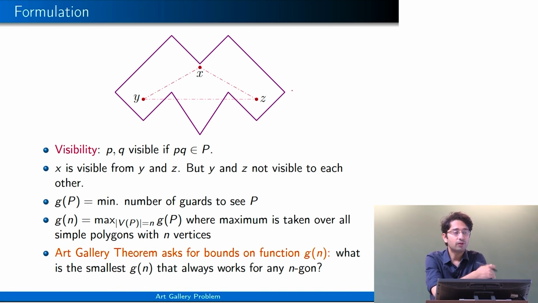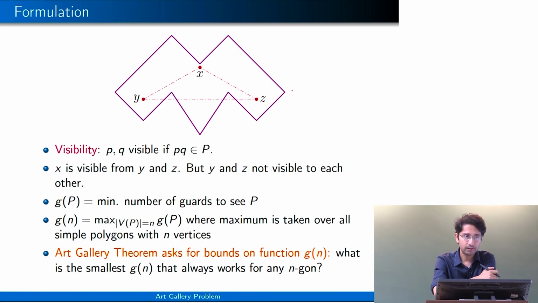Now, we would want to consider the following combinatorial question. Suppose I give you a polygon with n vertices, you can find out the minimum number of guards needed to guard that polygon.